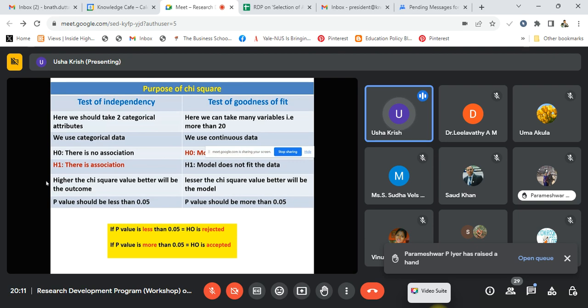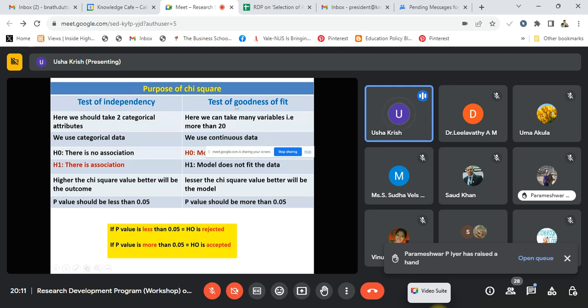And the remark is, the higher the chi-square value, the better the outcome. And the p-value should be less than 0.05. These are the requirements for this particular type of chi-square, used for measuring the association between two attributes. These are the requirements we should keep in mind.